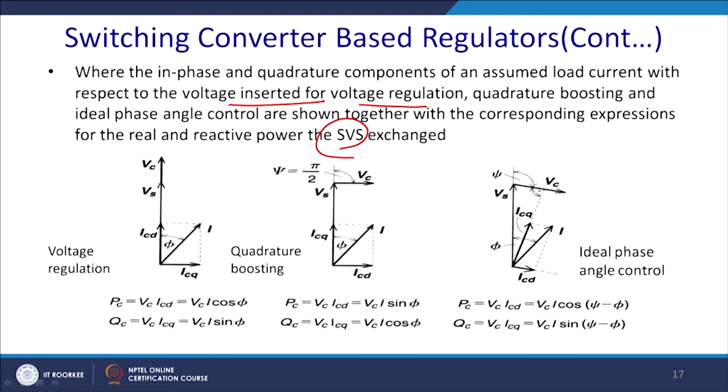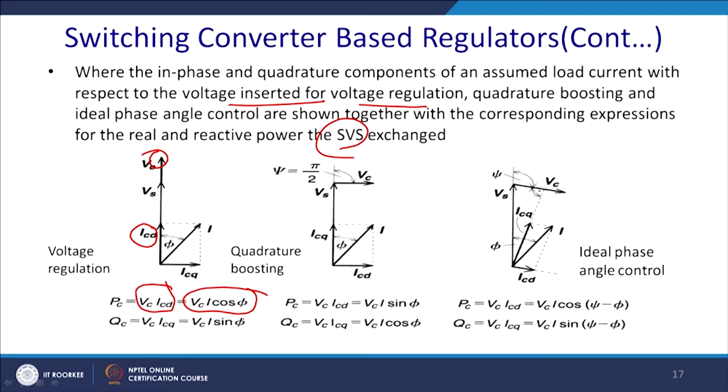So, this is basically the supply voltage, this is the in phase component and this is I, and you add up the IC. This is essentially the voltage regulation. Since you have applied a real current and voltage, the power component will be IC V cos phi. Similarly, IC Q sin phi will be the QC, and this is for the voltage regulation.